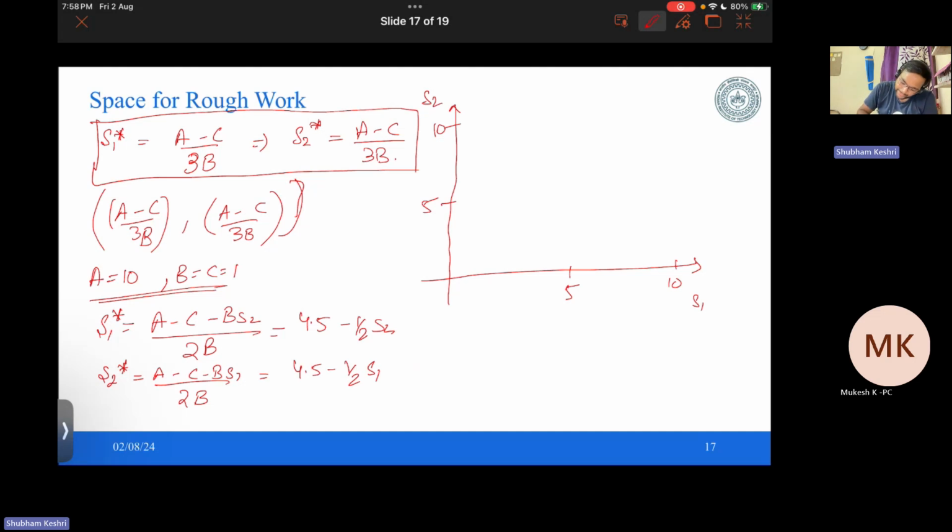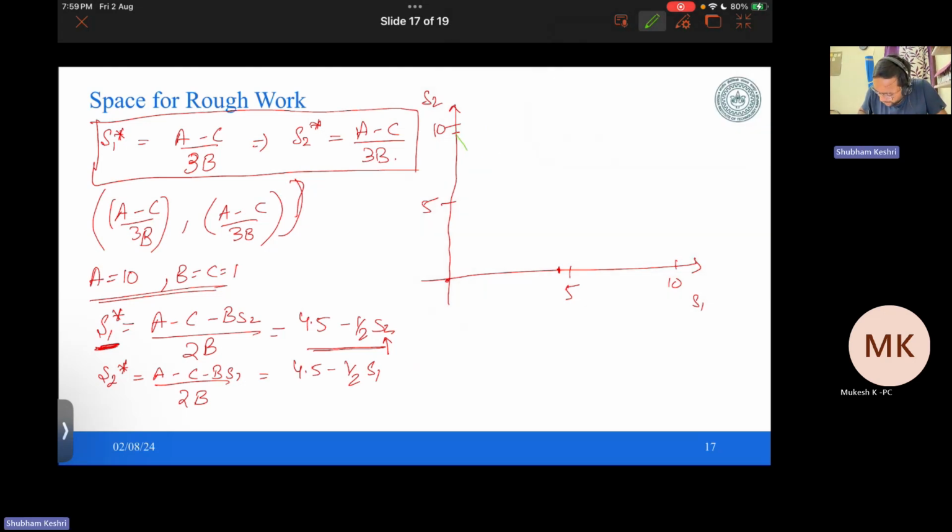So S1 star is 4.5 when S2 is 0. When S2 becomes exactly equal to 9, then S1 star is 0. You just put 9 over here, you will obtain S1 star as 0. So this will be the line. I'll just take a different color.